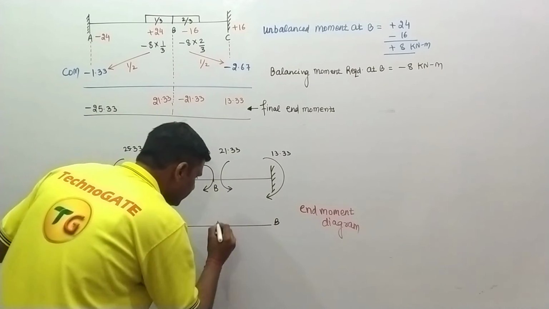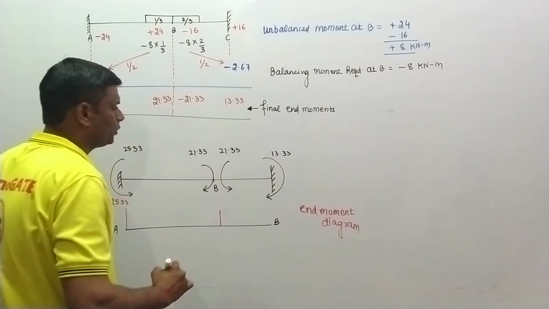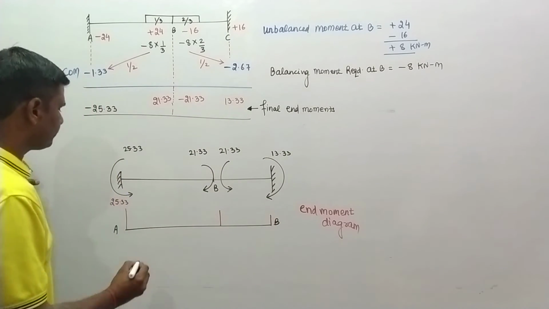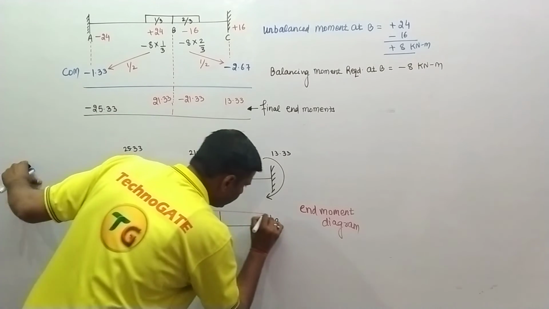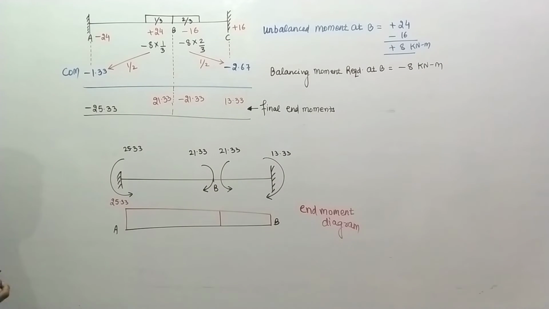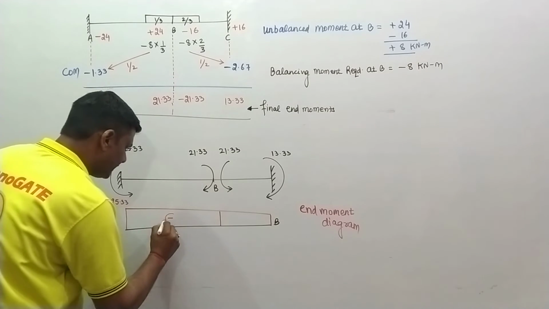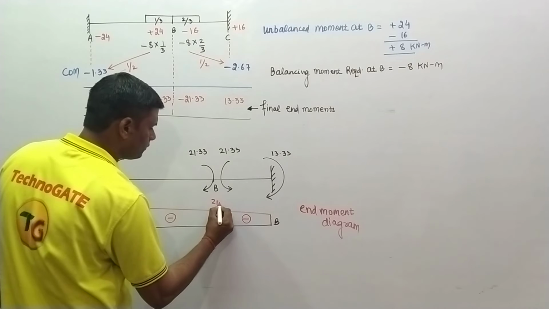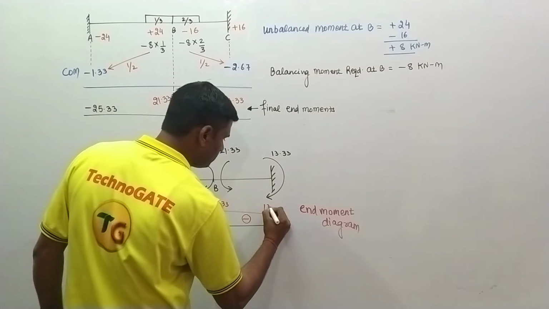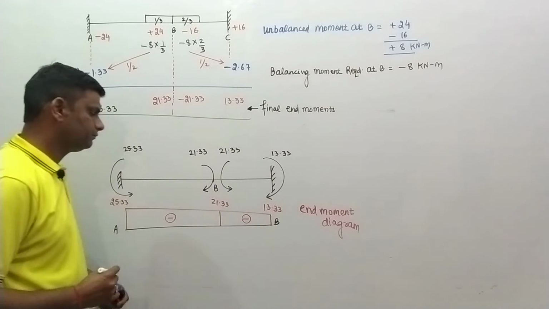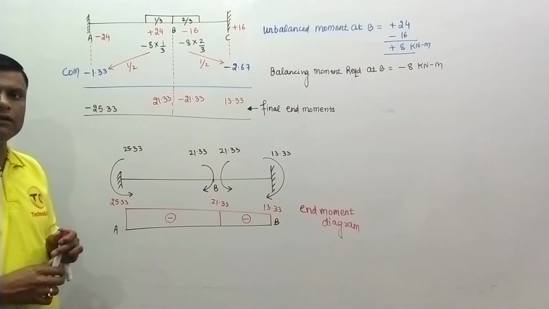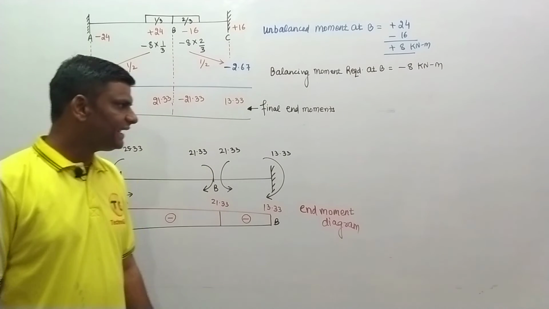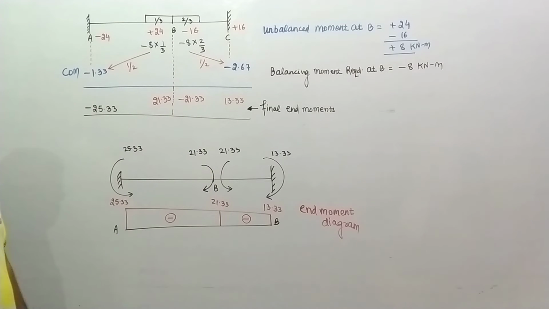Here the negative value is there, 21.33, here also the negative value is there, 13.33. So the diagram will be likewise this, all the values are negative. This is our end moment diagram.